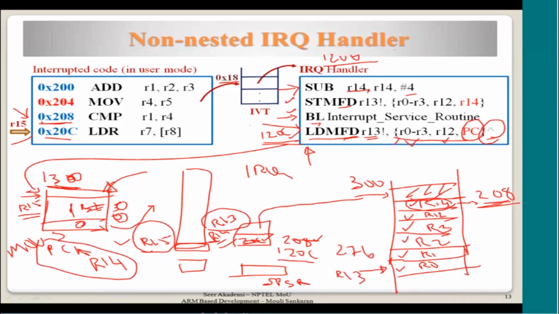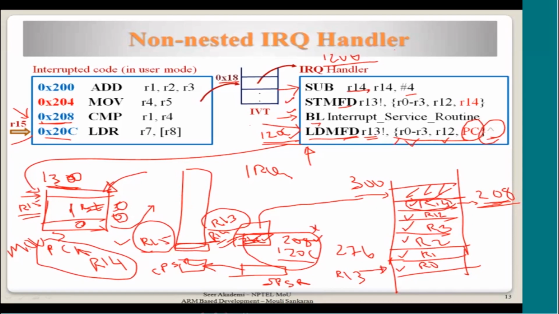So when we come back from the handler, this SPSR is copied into CPSR. And R14, while copying into R15, it is not taken from this location because this is no longer valid. It would have been corrupted, because of the BL instruction.